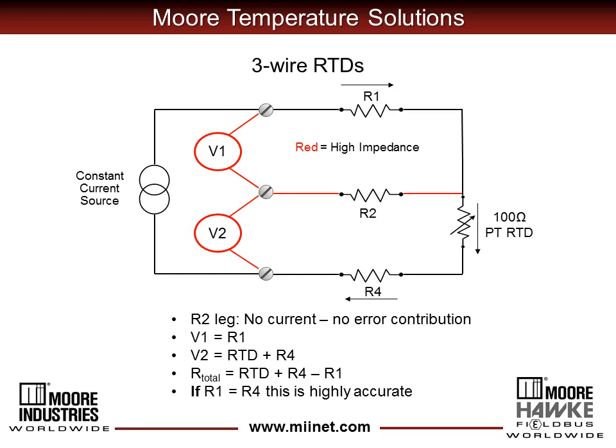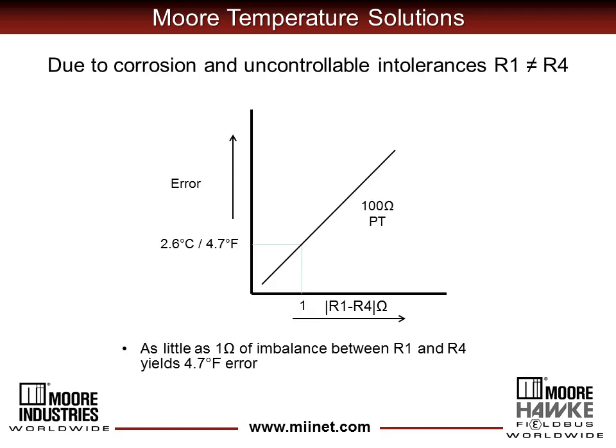So if the lead resistances are not equal, what happens? If the resistance imbalance in the current carrying legs is as little as 1 ohm, a 100 ohm platinum RTD has an error of more than 4.5 degrees Fahrenheit.